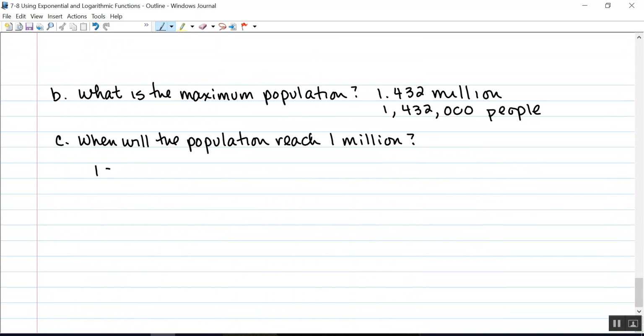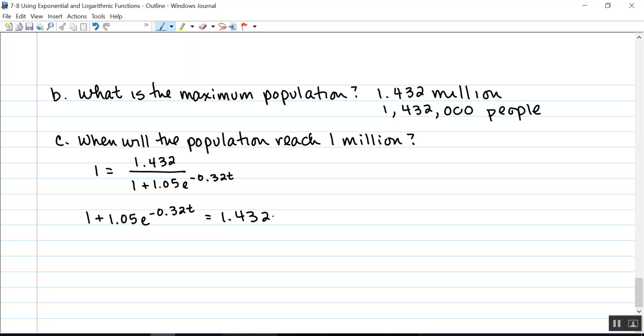So 1 = 1.432 / (1 + 1.05 e^(-0.32t)), which is just the formula we had up above. Now let's go ahead and solve this. I'm going to multiply both sides by the denominator. That gives me 1 + 1.05 e^(-0.32t) = 1.432.